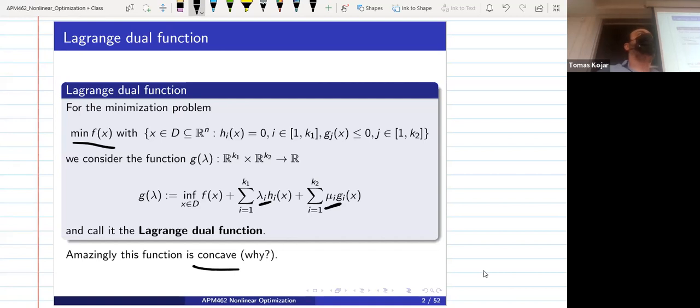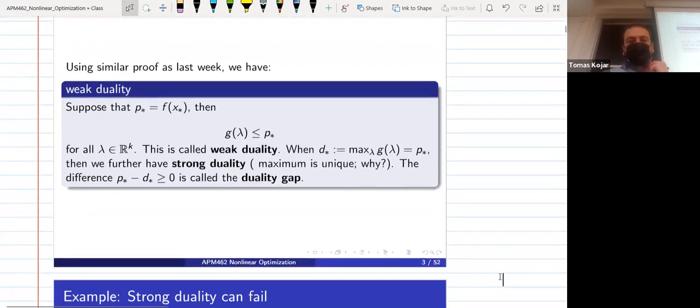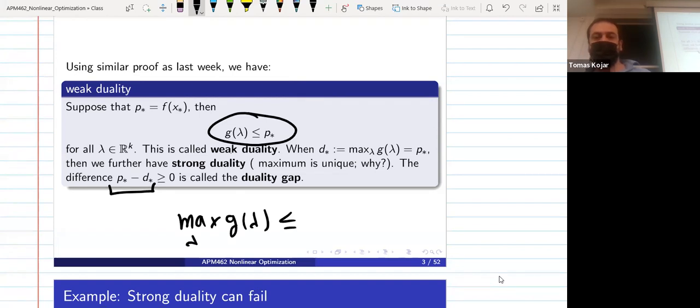So if you take derivative in lambda and mu twice, it's dead. So this is always concave, so it has a solution. And we talked about a little bit that you always have this beautiful lower bound for your minimization. And when they're not equal, it's said you have a duality gap. Okay. So we have maximum of g(lambda) over lambda is less or equal than infimum or minimum of f.